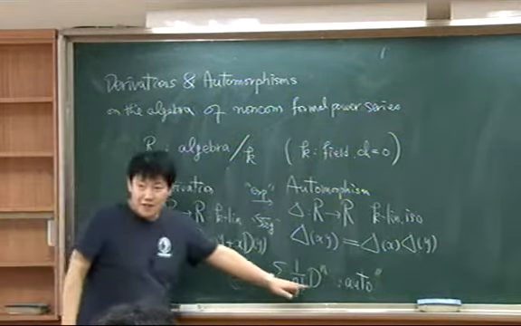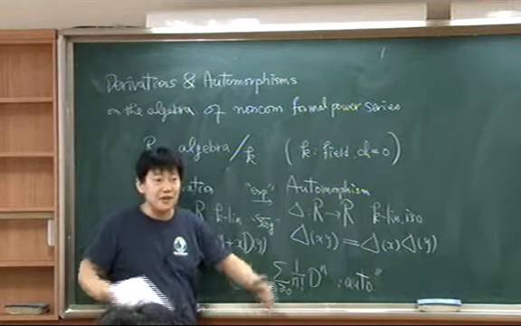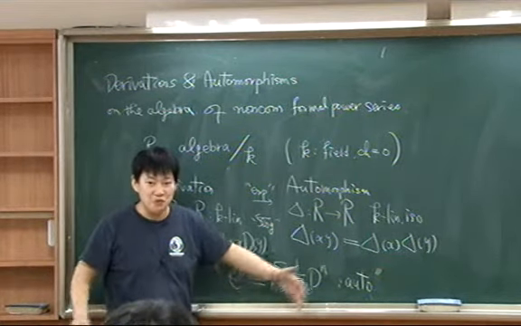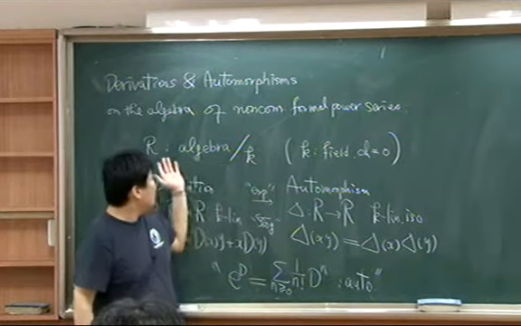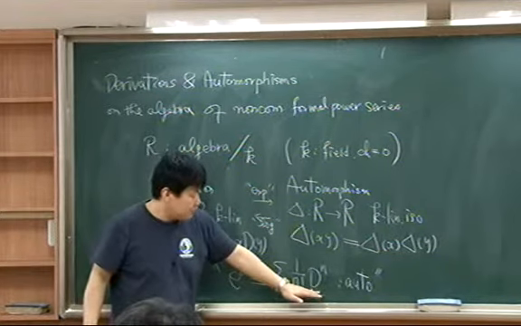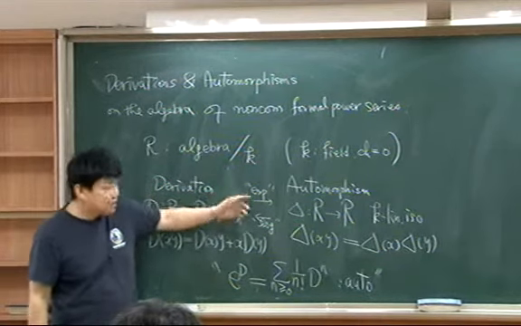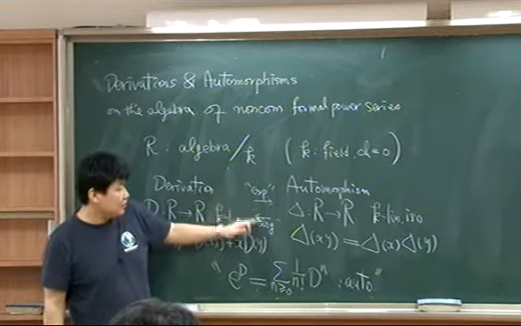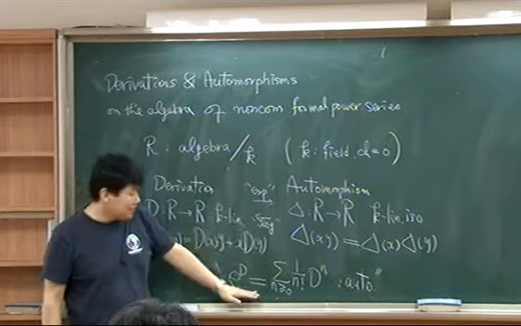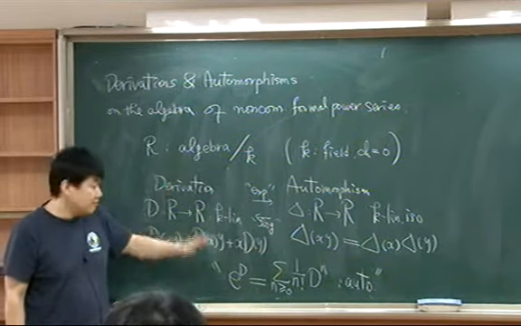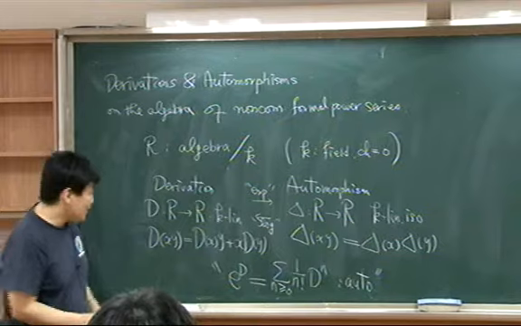But here we have to consider the infinite sum of operations, so we need a topology on R or on the space of operations. So in general, we cannot define such a one-to-one correspondence. But if R has a good property, then we can make a one-to-one correspondence.